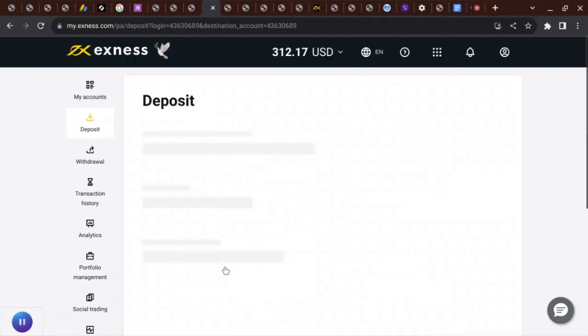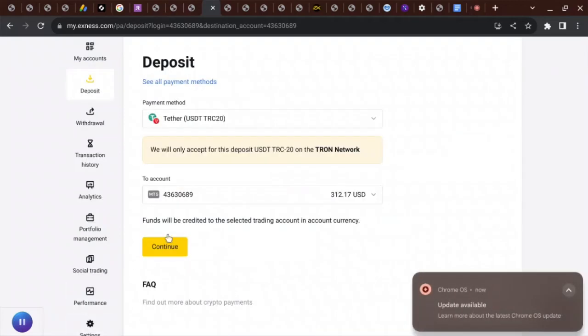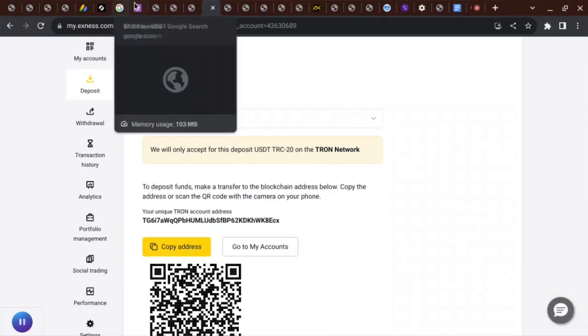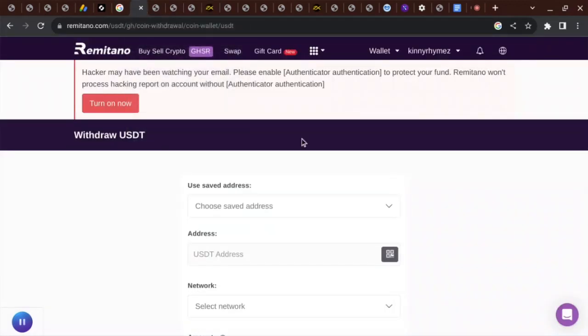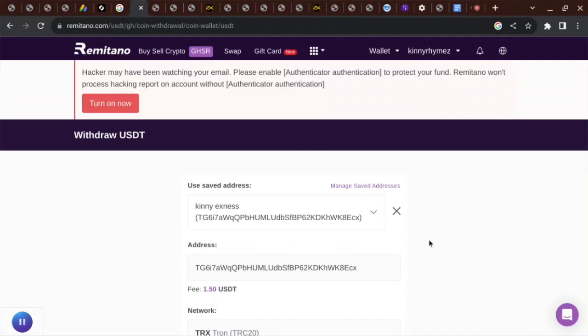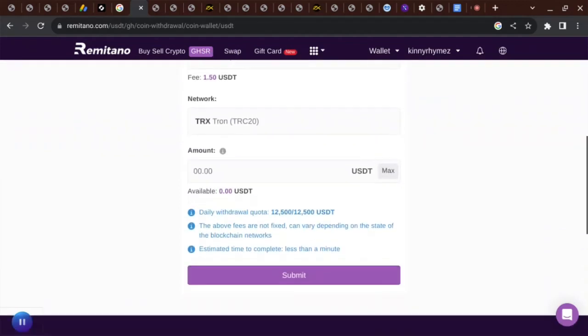Then you go to USDT, then you click on continue, and you copy your TRC20, and you go back to your wallet. Since I've already saved my wallet, you see that I've changed actions, so I cannot click on it and transfer the money from here.